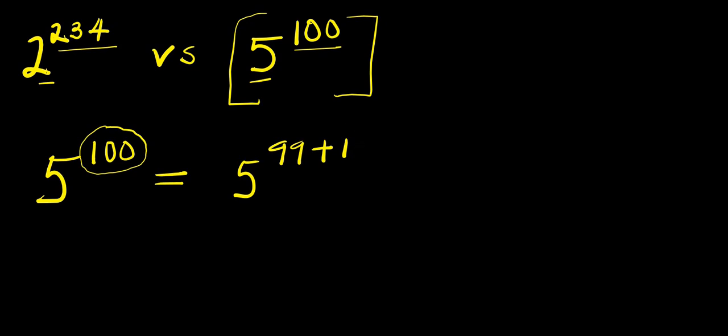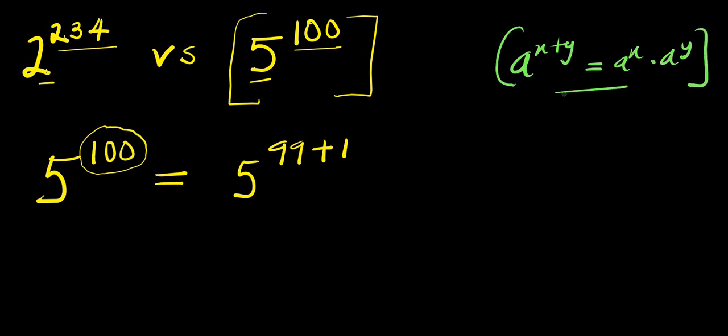Now, if you have a power x plus y, it equals a power x times a power y. Applying this right here, I will have 5 to the power of 99 times 5 to the power of 1.